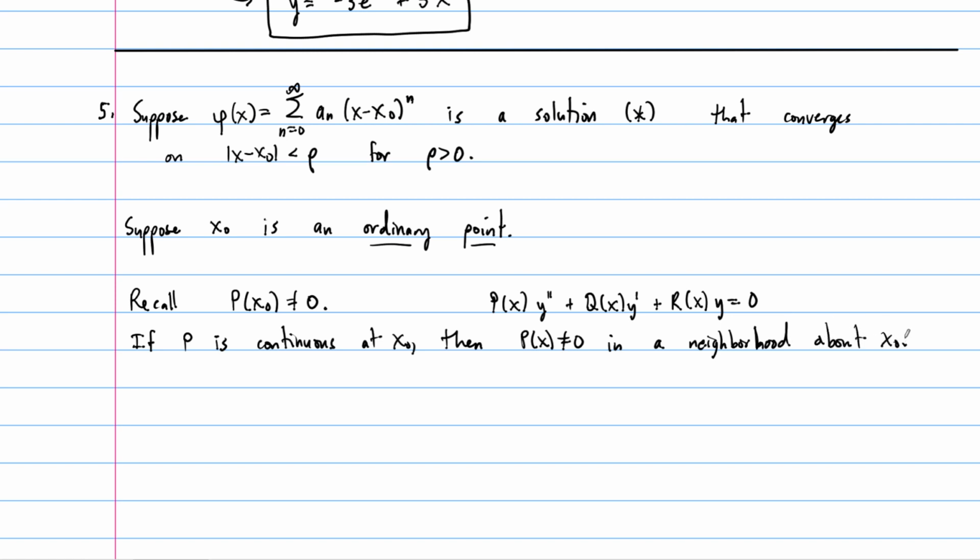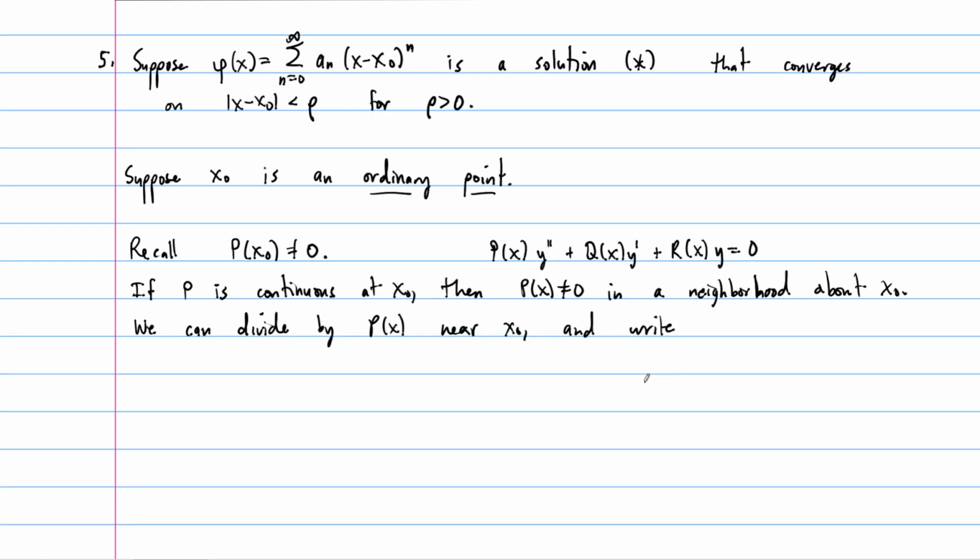And so what that means is that we can divide through this equation by p of x near this point x naught, and we can get this new differential equation in the form y double prime plus little p of x y prime plus little q of x times y equals 0.